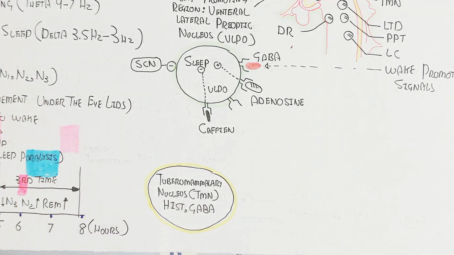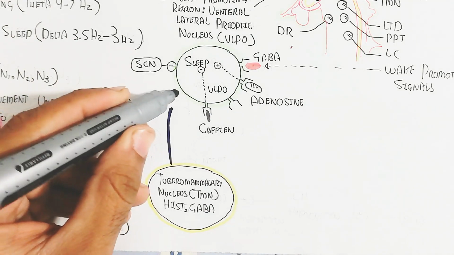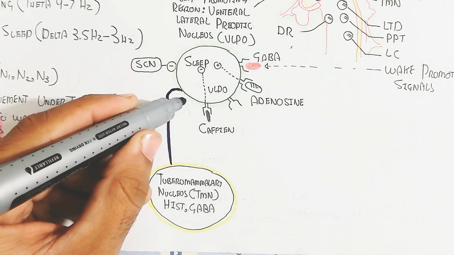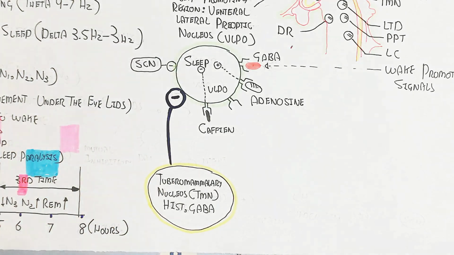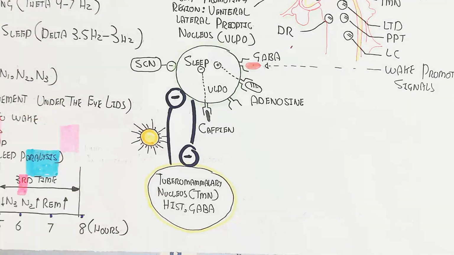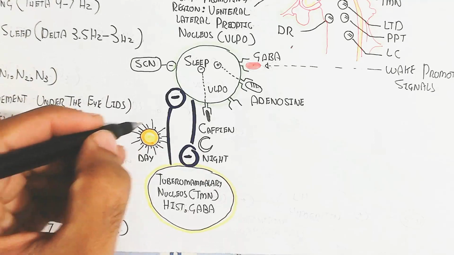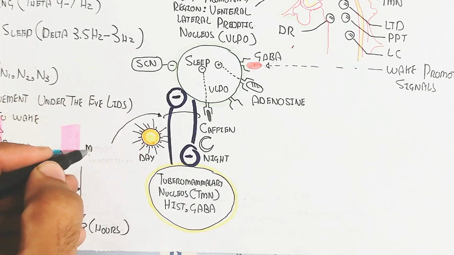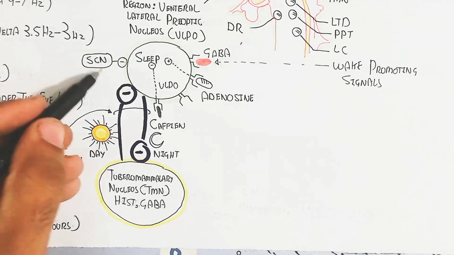This neurotransmitter inhibits the VLPO through GABA during the daytime, while at night time the VLPO will inhibit the tuberomammillary nucleus. In this way they work antagonistically, with mutual inhibition during the daytime and night time. This homeostatic process is a marvel.